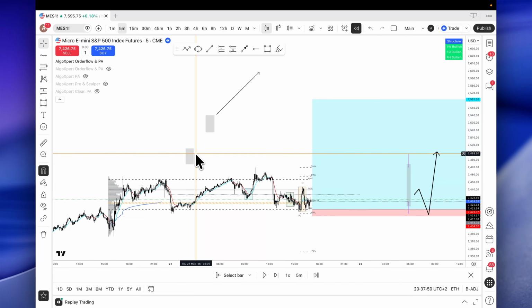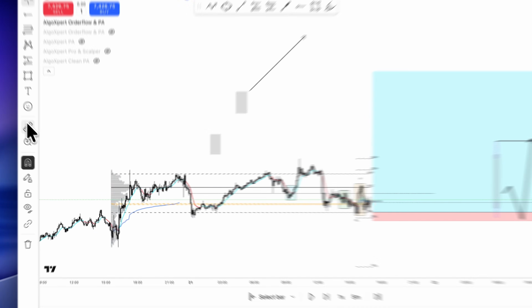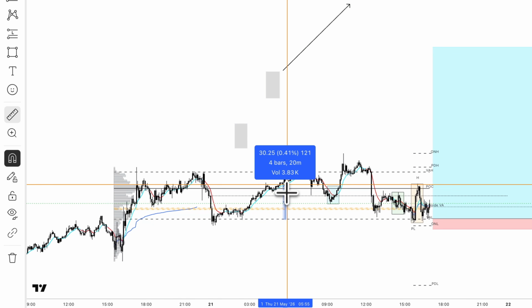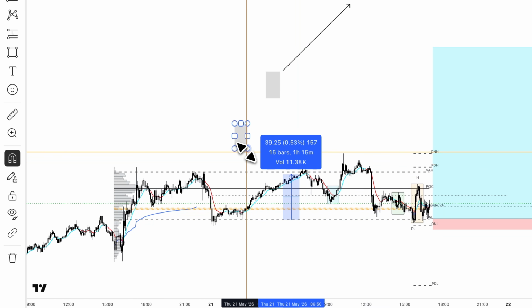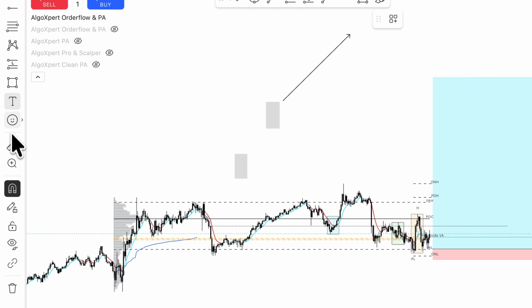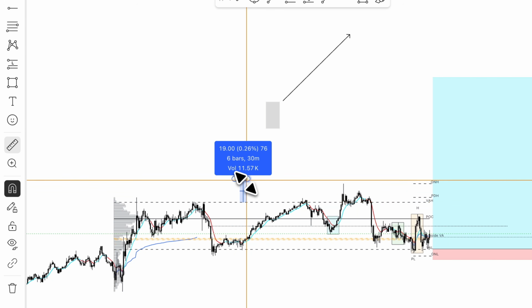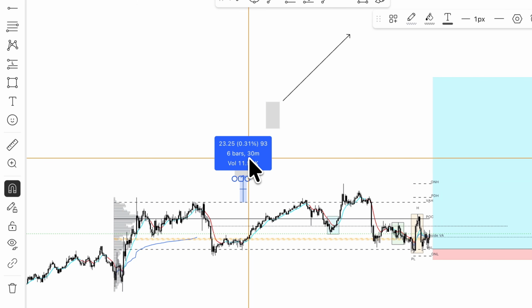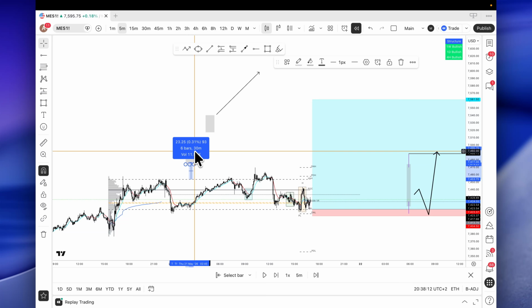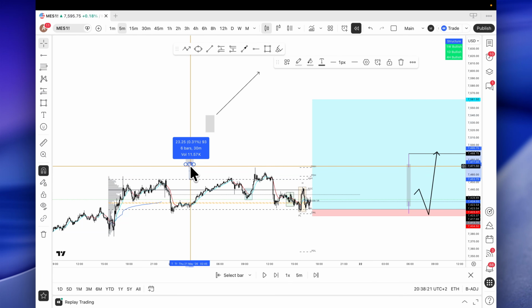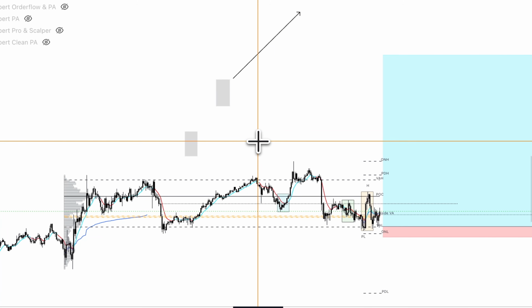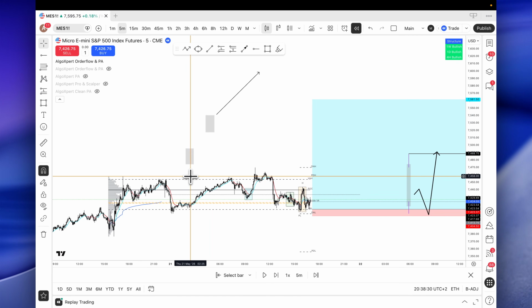If price is opening with a deviation, that means the pips amount between value area low and value area high, and the pips amount between value area high and where price has opened at, subtracted by itself, that means minus, from here to here measurement minus from here to here measurement, divided by the same thing multiplied by 100 will give you whether we have a small deviation, medium deviation, or large deviation, or inside value area.